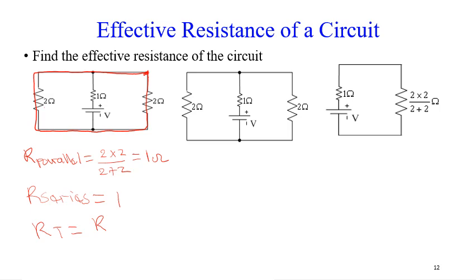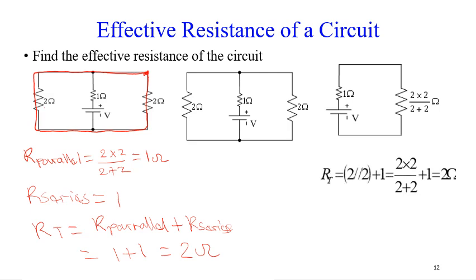So we say R parallel plus R series should be equal to 1 plus 1, which is equal to 2 ohms. So that is our final answer. So this is the solution here. Mostly this is how you find your resistors in series and resistors in parallel.